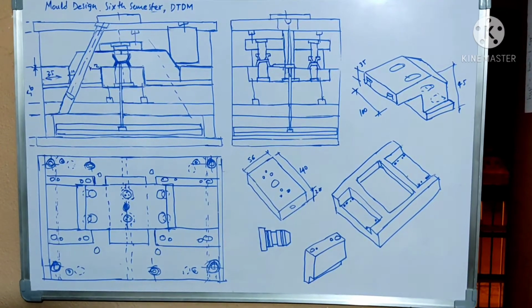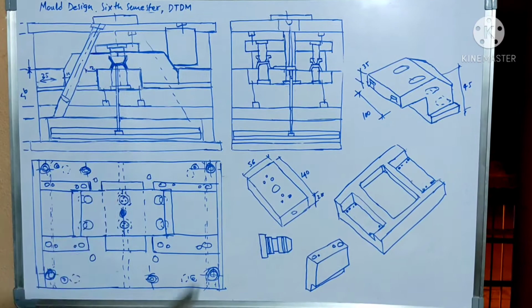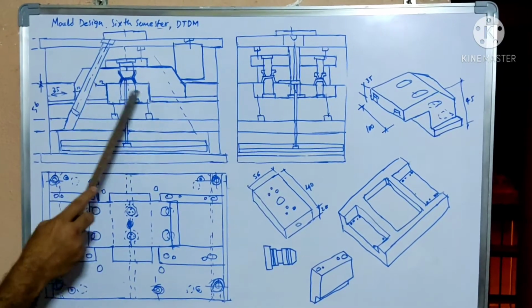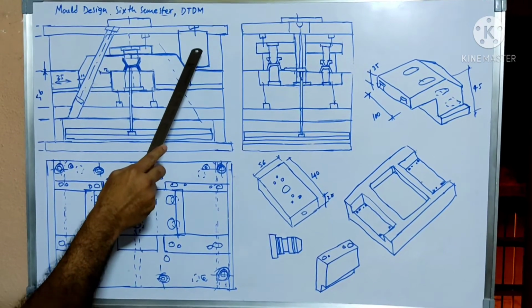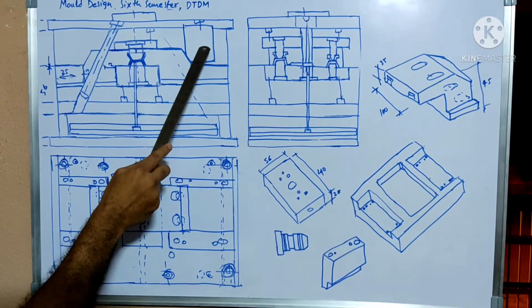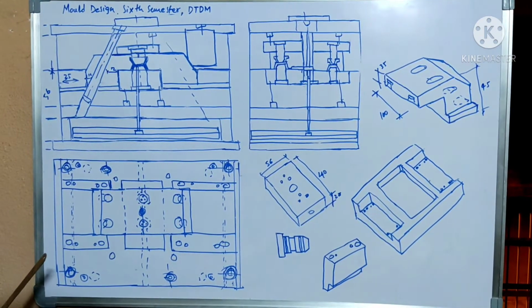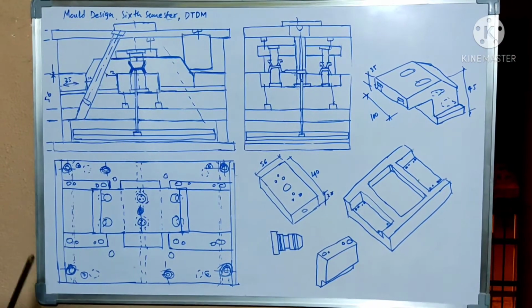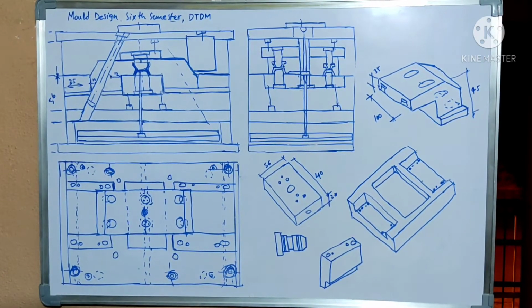But the closing of the splits is done only by the wedge. You are observing the two finger cams, one here and another here, and one wedge here. It is the same in this representation, where the wedge is observed in the same position. The wedge is placed over the split for locking the splits.